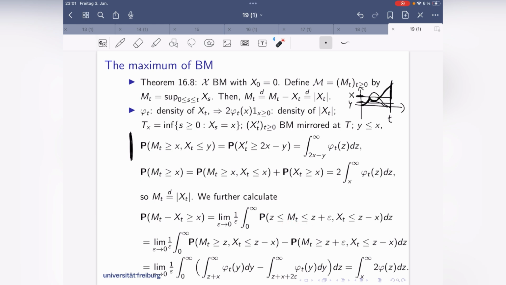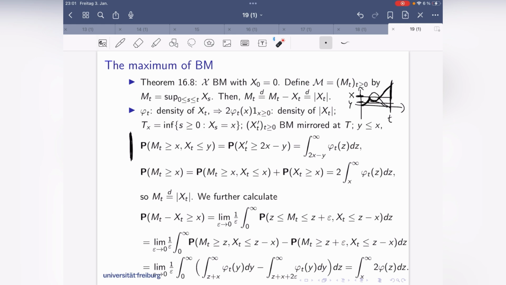But if M_t is z, then X_t has to be smaller than z minus x. So like this in here. And the plus epsilon here, I just use, so epsilon is small, such that M_t is close to z. But when I write it like this, I can also write it like this. So M_t is bigger than z, minus M_t is bigger than z plus epsilon. Like so.